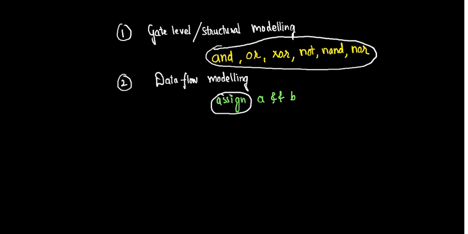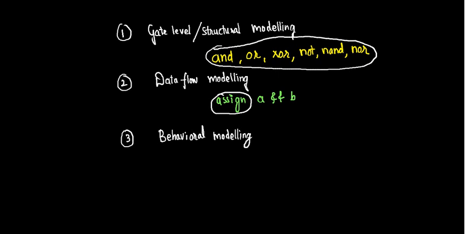Then the third is called behavioral modeling. In behavioral modeling we avoid the assign statement, and we don't use gates. We simply specify the behavior of the circuit.